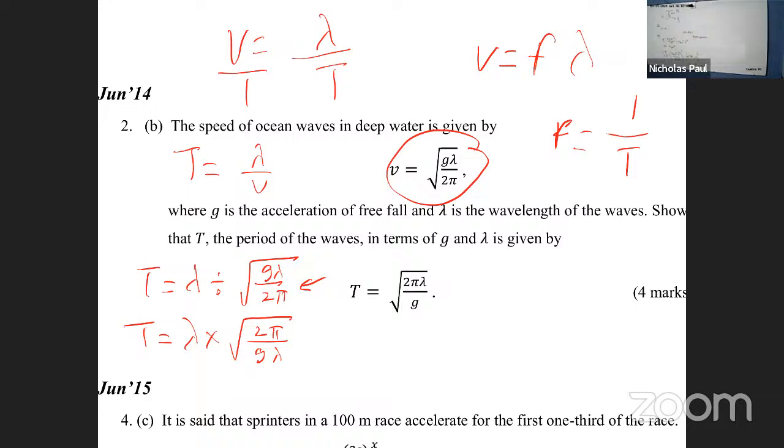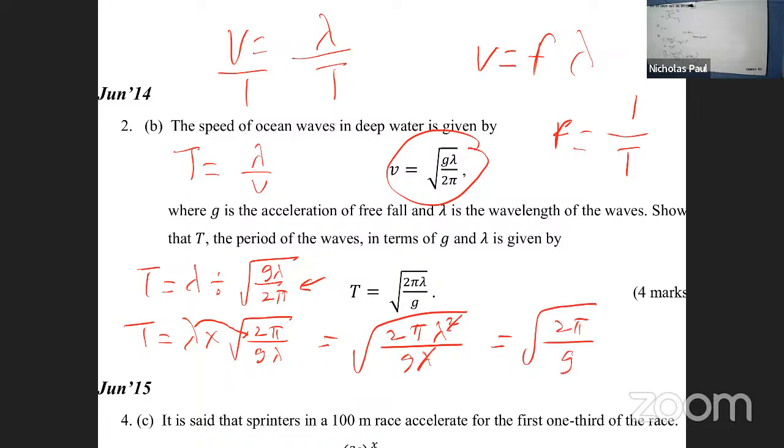There are two things you can do. If I want to bring the lambda into the square root, it becomes lambda squared. This lambda will cancel here, and I'll get the square root of 2 pi lambda over G. That's okay? Or put lambda on the outside.